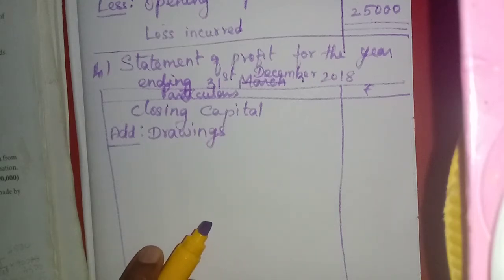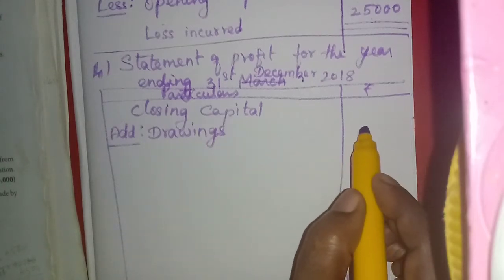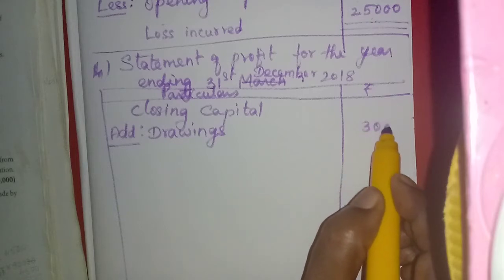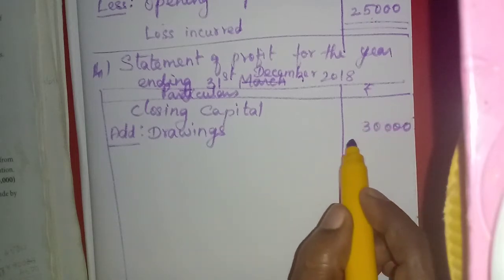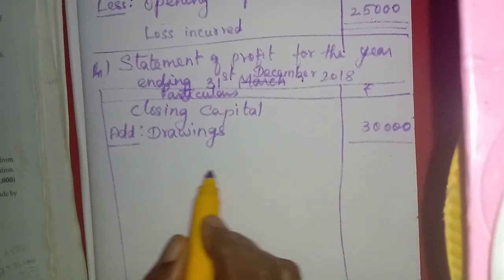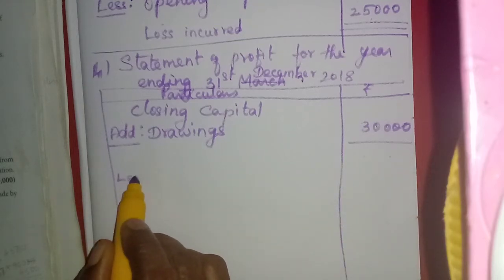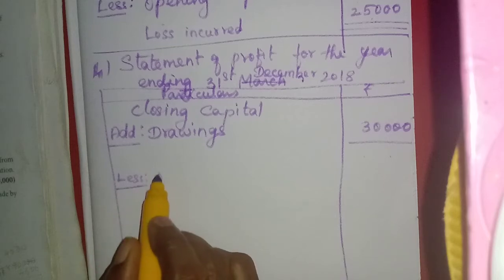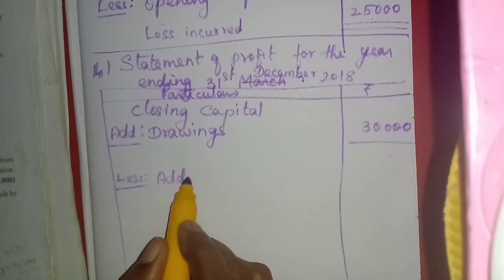As it is, we will keep, or we will write simply 30,000. That we have to write here, one amount. So before, after that we should write less additional capital.